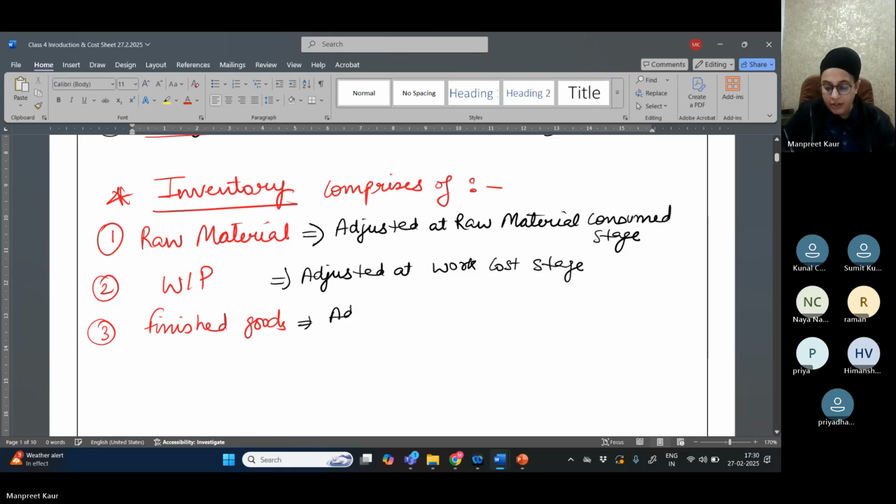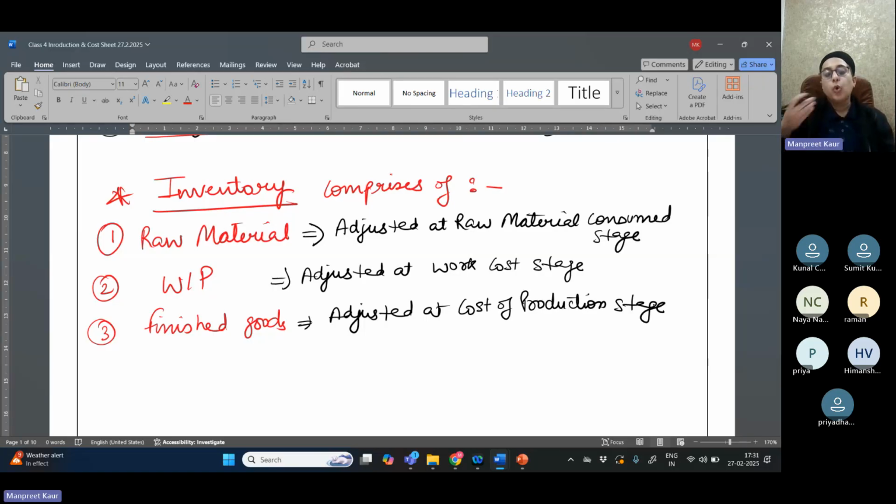FG is adjusted at cost of production stage. We will discuss opening stock of raw material or closing stock of material. It is adjusted in the raw material consumed stage. WIP, opening WIP, closing WIP, we will adjust at work cost stage. Finished goods inventory, either opening or closing, is adjusted at cost of production stage.